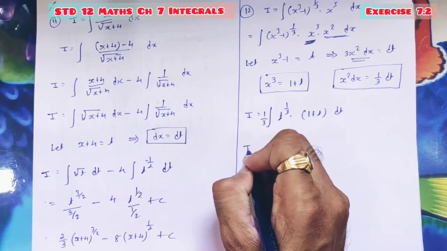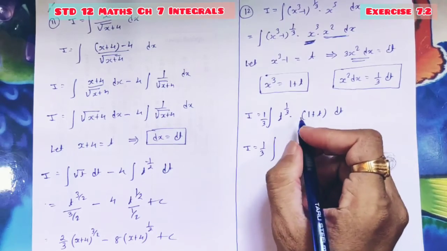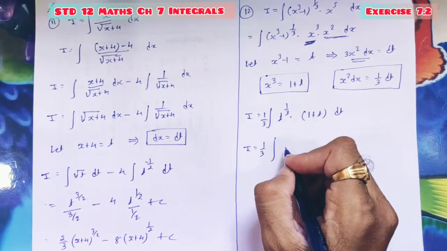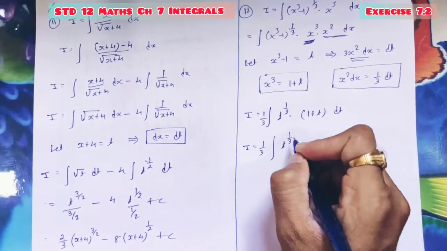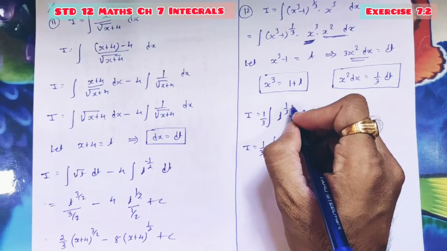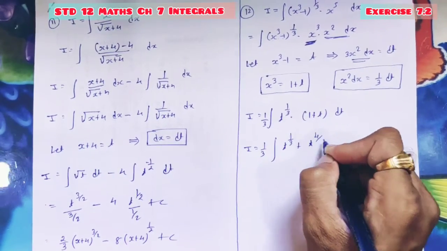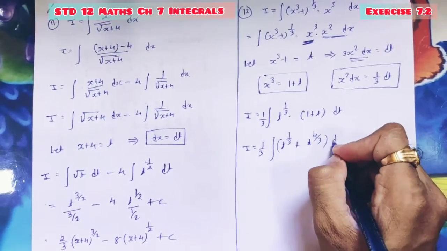Done. So I equal to 1 by 3. अब अंदर एक्सपांशन कर दो. So it's a t raised to 1 by 3 plus 1 होगा. So 1 by 3 plus 1, 4 by 3. So it's a t raised to 4 by 3 dt.